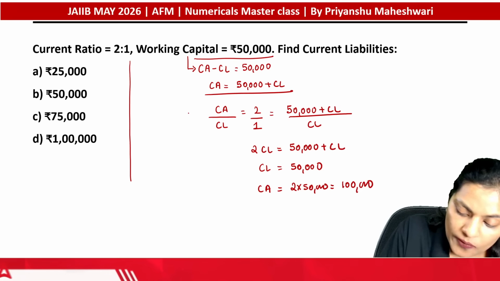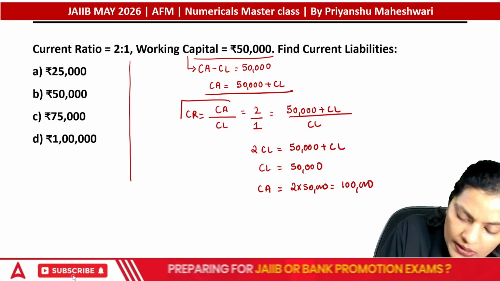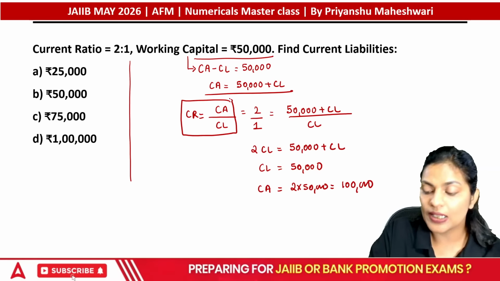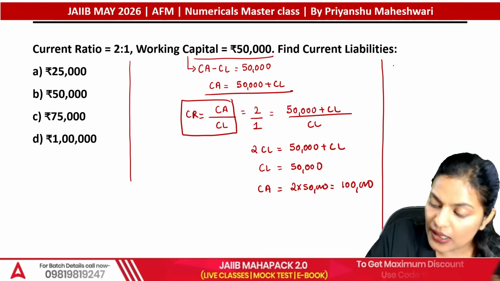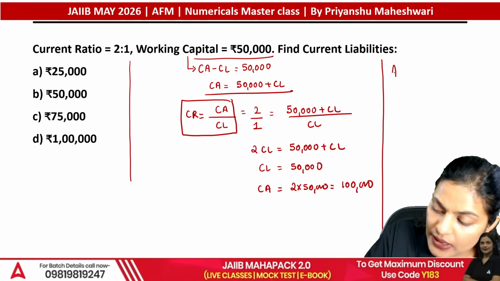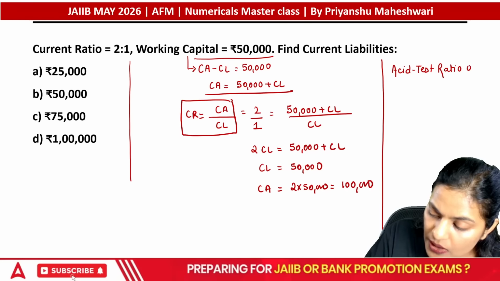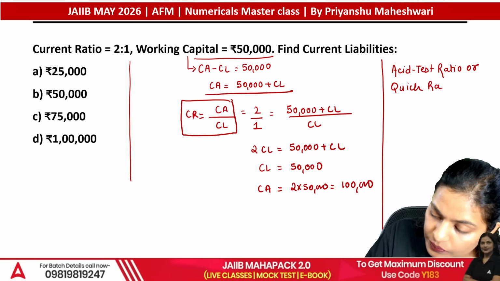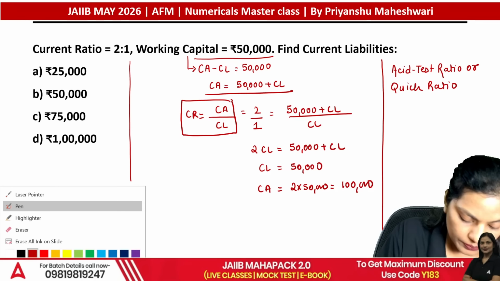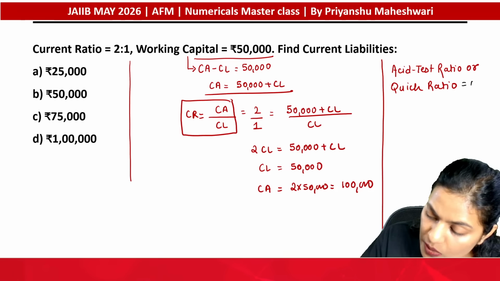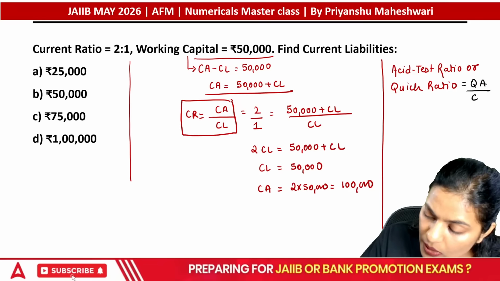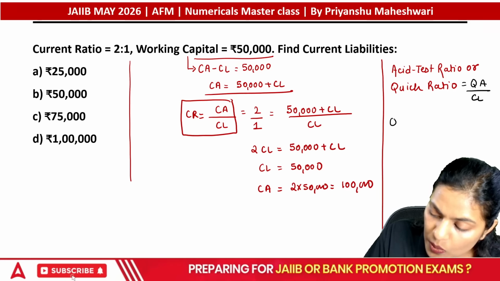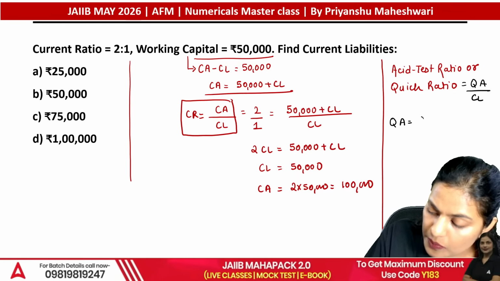So, the current ratio is equal to current asset upon current liabilities. Correct? Acid test ratio or quick ratio: the formula is quick asset upon current liabilities. Now, quick asset is equal to current asset minus inventory.